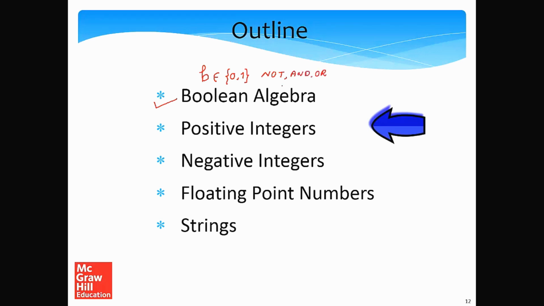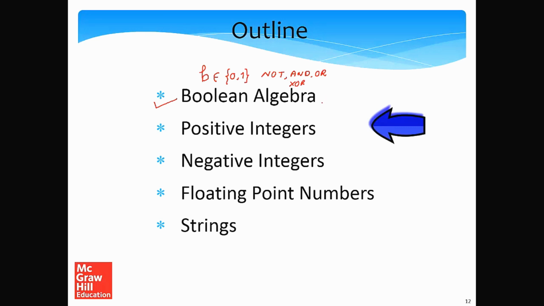Then we had some complicated operations like NAND and NOR. We also had the XOR, exclusive OR operation. So these four operations can be considered to be basic. And we looked at some simple rules of manipulating Boolean variables.